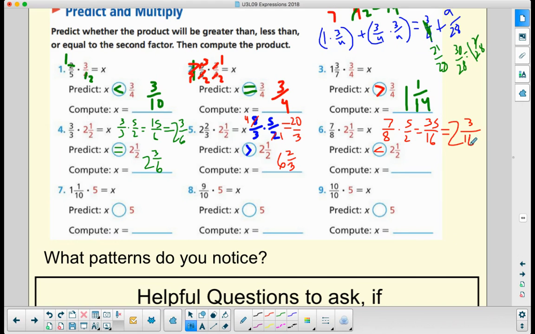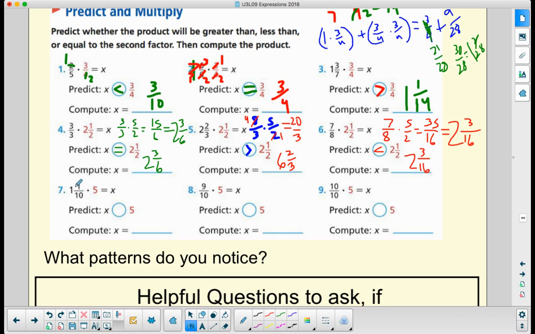Now I have to do some thinking. Is 2 3/16 less than 2 1/2? Well, half in sixteenths would be 8 sixteenths. 3 sixteenths is less, so yes, it would be.